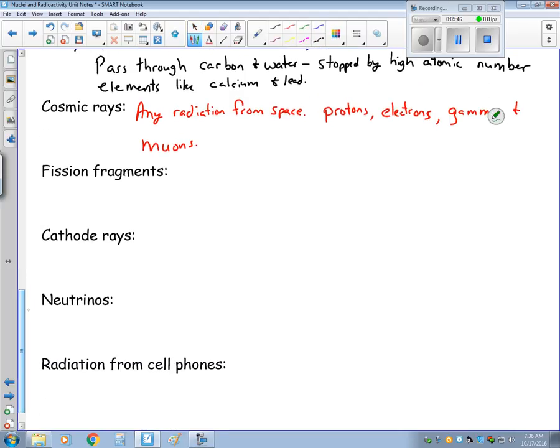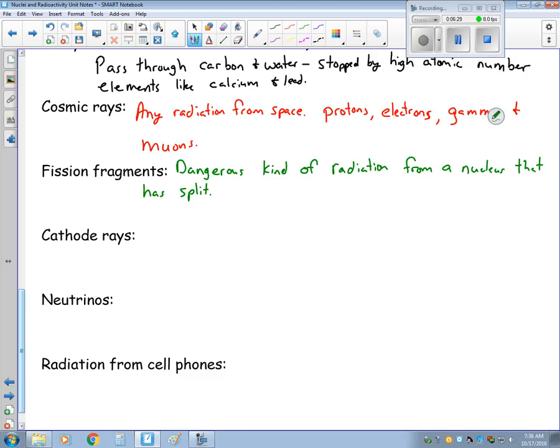Fission fragments. This is the dangerous kind of radiation that's emitted when a nucleus undergoes fission. Now, fission really is just when you take a nucleus of an atom and break it apart, so it splits.